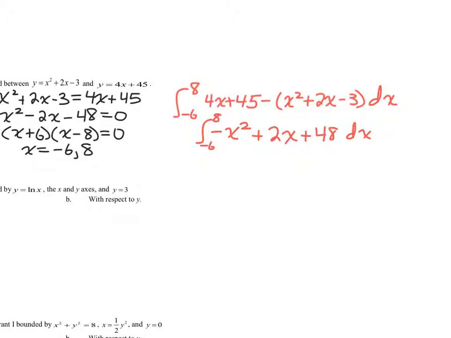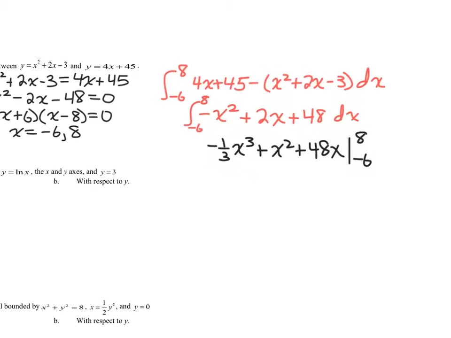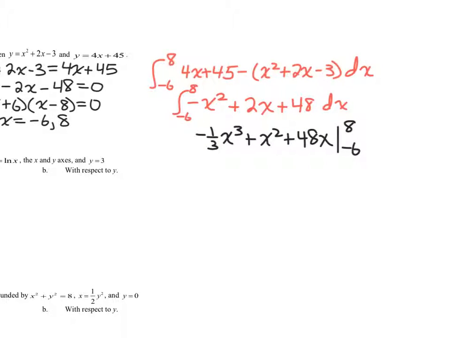All right, so we have to integrate. So reverse power rule, not too bad. We're looking at -1/3 x cubed plus x squared plus 48x over that interval. Little calculation ahead of us.